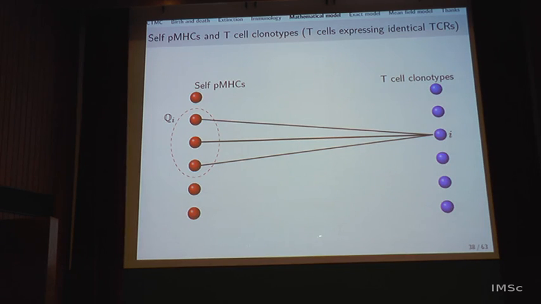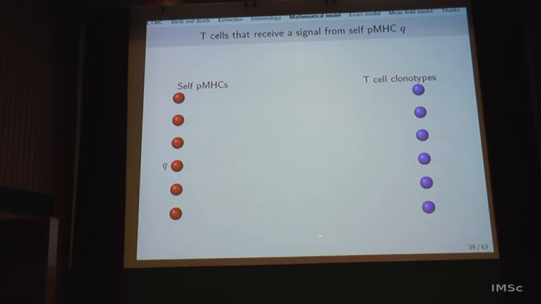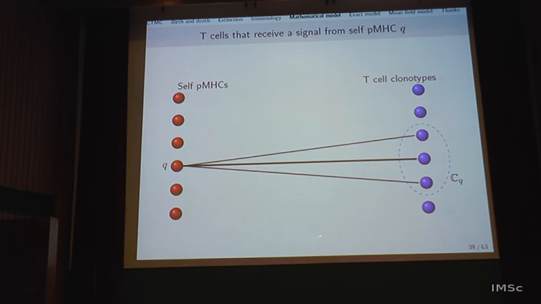From a mathematical perspective, given my T-cell family I, I look at Q_i, which is the subset of all peptide MHC that can be seen by that T-cell receptor. Now I can look at the diagram from the opposite perspective: I am a peptide, who sees me? If this is peptide Q, this subset of T-cell families will be C_Q.